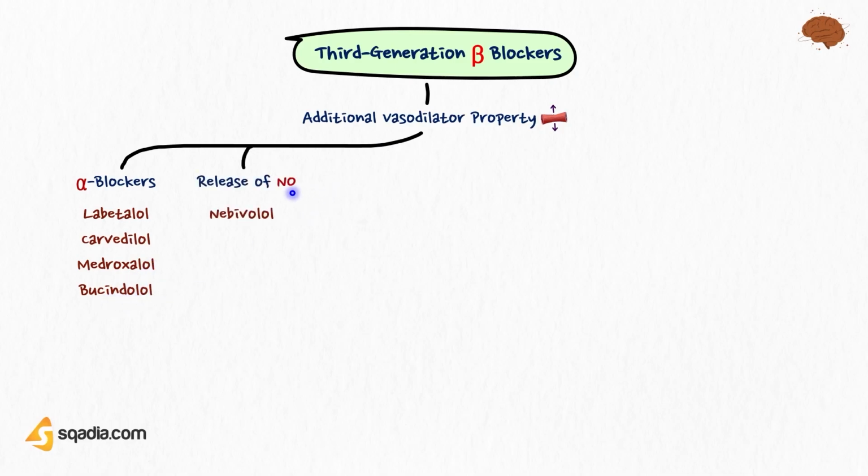Next is release of nitric oxide. As you already know from the previous slides, the release of nitric oxide causes an increase in cyclic GMP and vasodilatation. The drug included is nebivolol. Next, potassium channel openers. Some drugs like tilisolol open the potassium channels and cause vasodilatation.